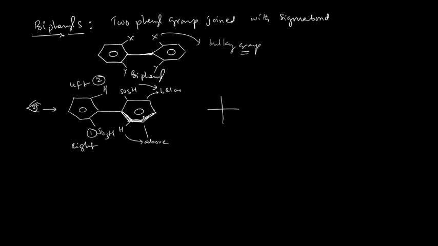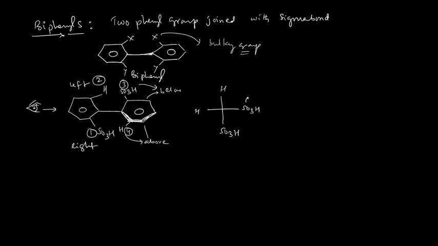Coming to rear groups, far groups: in these two, SO3H gets third priority, hydrogen gets fourth priority. Now, right side, SO3H. Left side, hydrogen. Above the plane, hydrogen. Below the plane, SO3H.